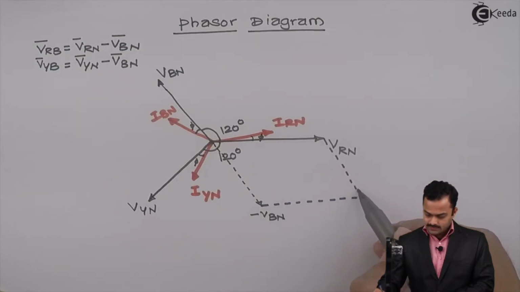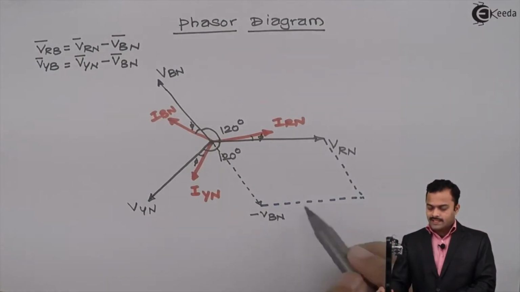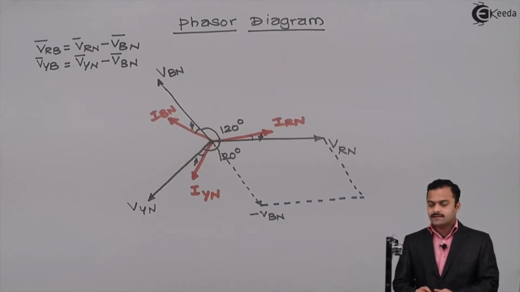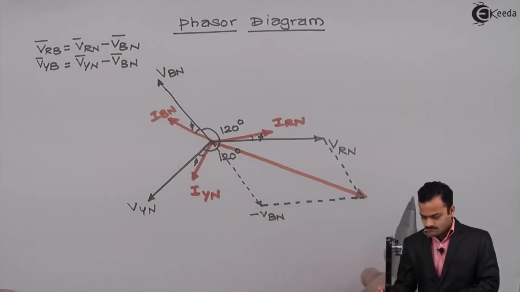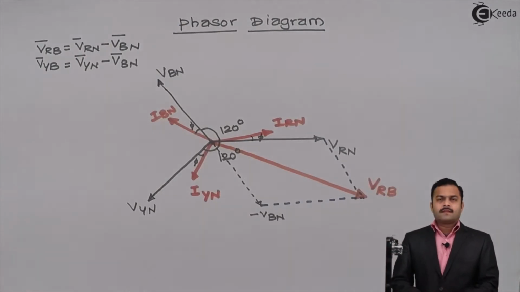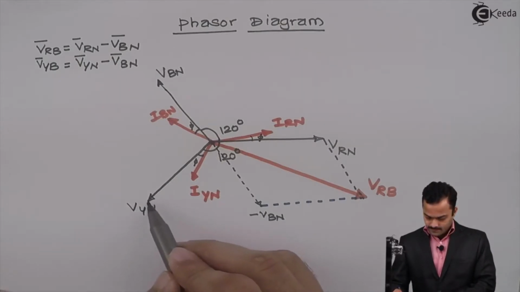Rather, it is a rhombus. So the addition of these two gives me the voltage VRB. And the addition of VYN with minus VBN gives me VYB. So again, I will add these two.